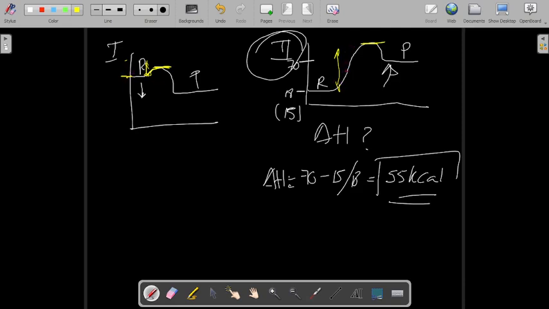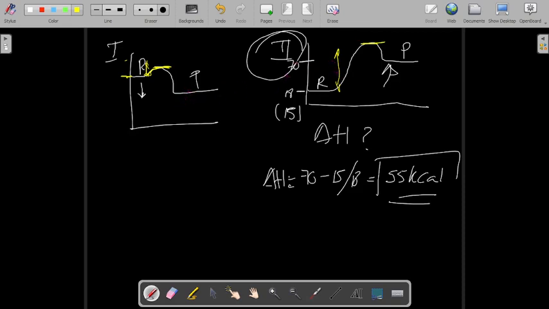And if you read right here, it will be between the 15 or 18 you decided all the way to 70. So basically, it was obvious that this was a bigger bump, so you would have thought, oh yes, this one requires more energy, so this one is easier to get started.